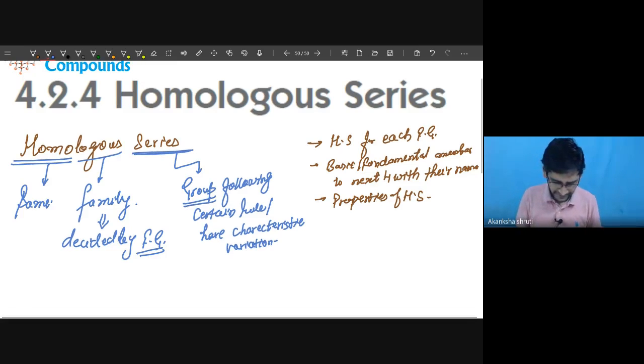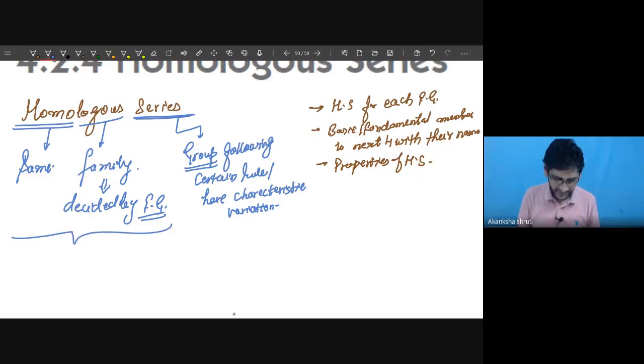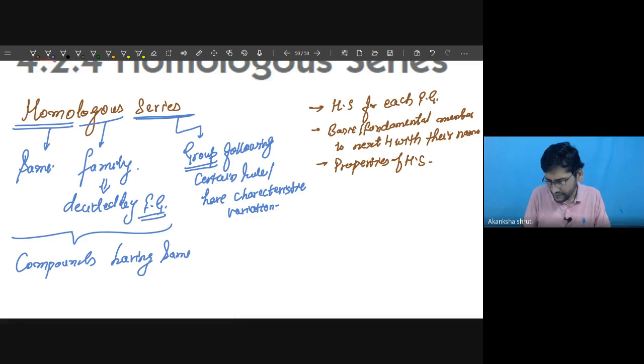It's so simple. Collectively we can say the compounds having the same functional group, because this functional group decides the characteristic.